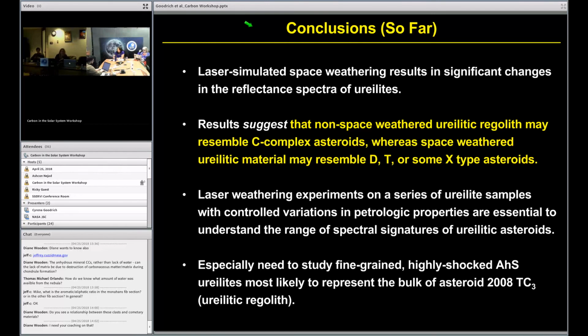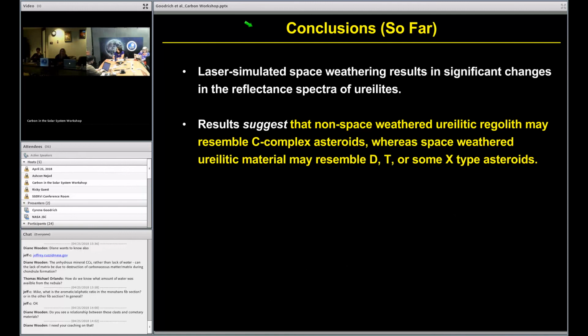Are there questions about space weathering of the ureilites? I have a question on space weathering. This is Amanda. What is your interpretation of the process by which the ureilites become redder upon space weathering?